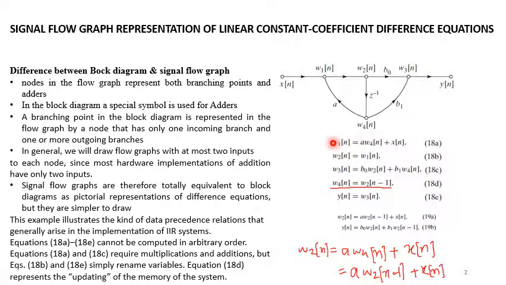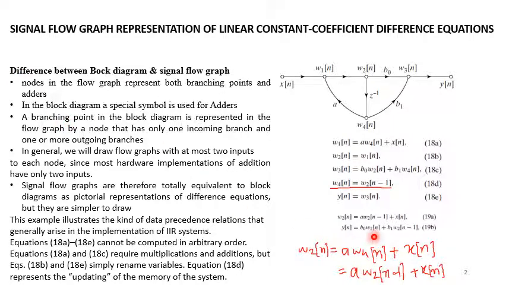So putting the value of W1[n], we can write W2[n] equals A W4[n] plus x[n], and because W4[n] is W2[n-1], replacing here, we get rid of W3[n], W1[n] and W4[n].